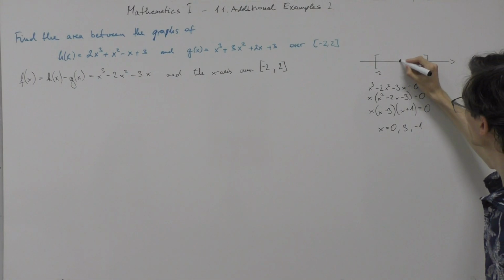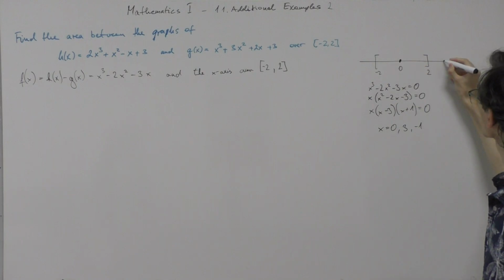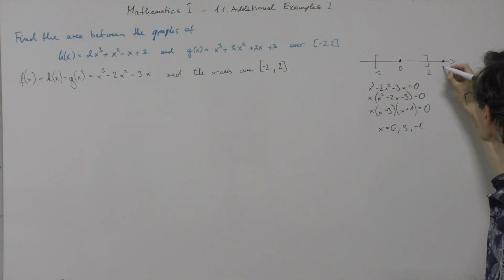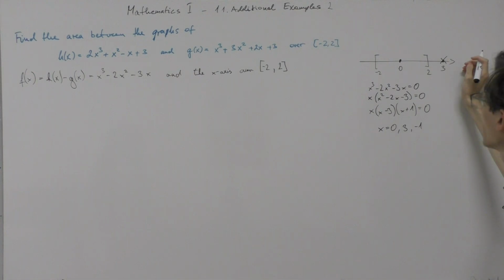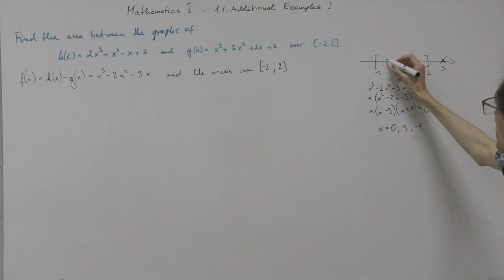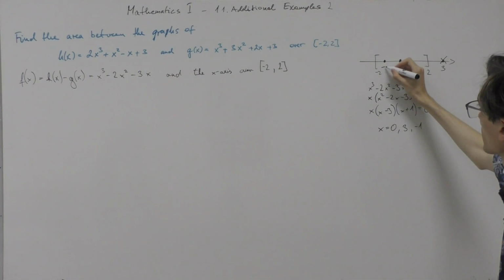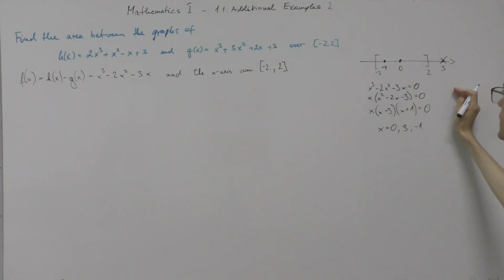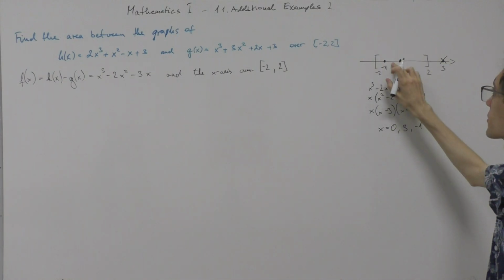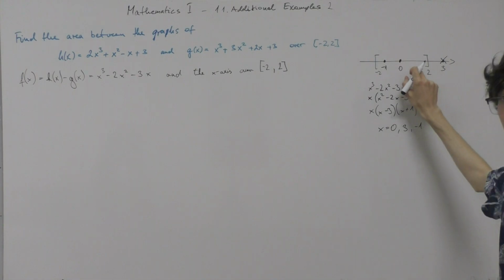Let's see where they are compared to our interval. 0 is here, 3 is somewhere here outside our interval, and -1 is somewhere here inside our interval. So these split our interval into 3 parts.